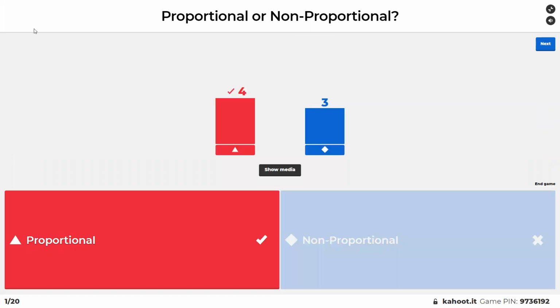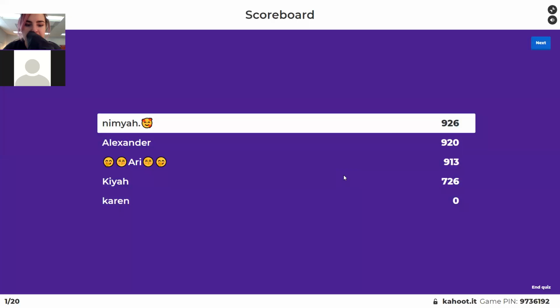Guys, come on, we already went over that one too. So when a line goes through the origin, through (0, 0) on a graph, through the middle point right there, that's when it's a proportional relationship. All right, so those of you who got that wrong, that's okay. You guys will get the next one.